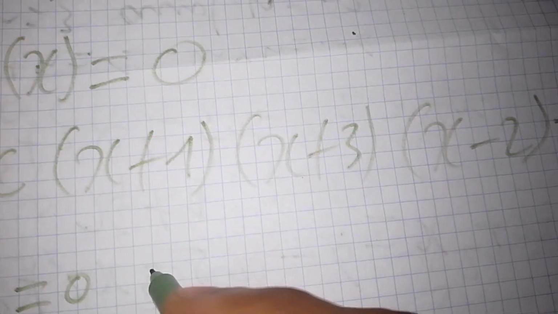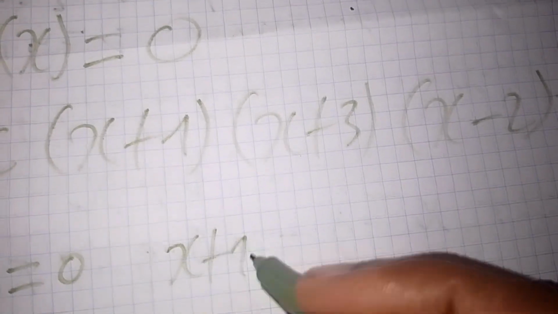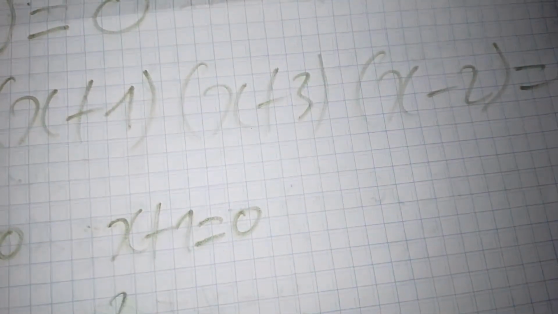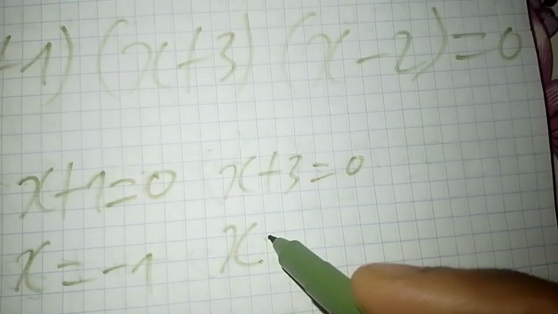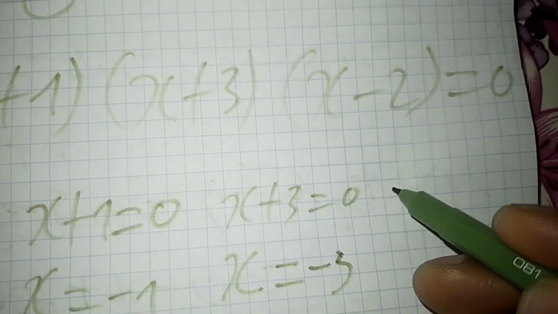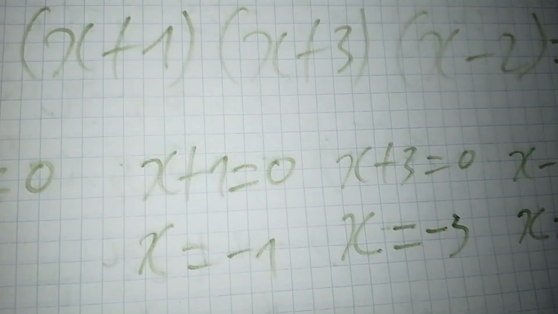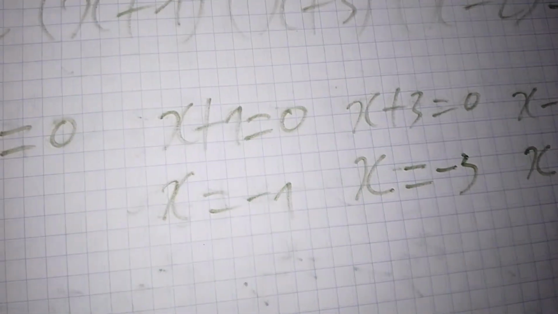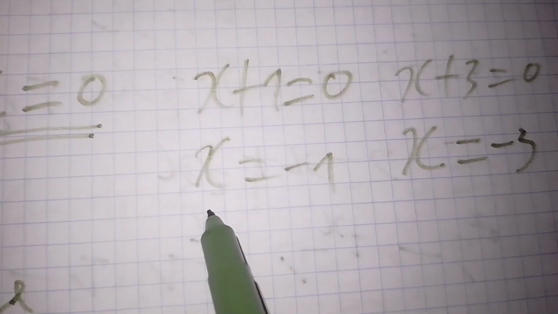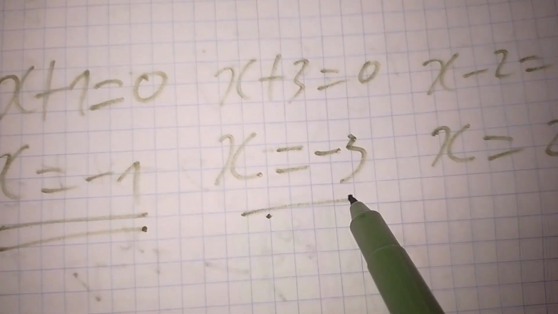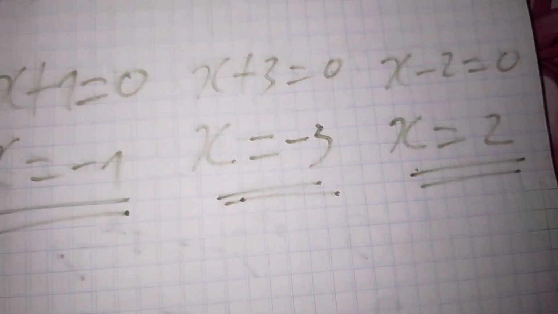So now every factor is equal to 0. x equals 0, x plus 1 equals 0, so x equals minus 1, x plus 3 equals 0, so x equals minus 3, x minus 2 equals 0, so x equals 2. So now the answer is x equal to 0, x equal to minus 1, x equal to minus 3, and x equal to 2. Thank you for your attention.